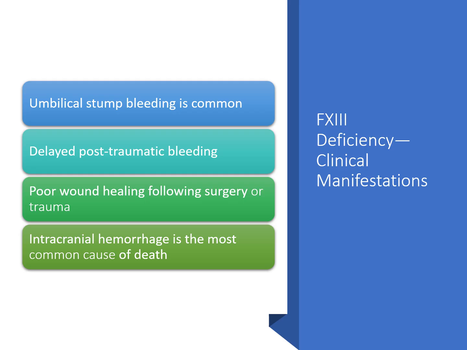Delayed post-traumatic bleeding, so maybe a patient has a small injury and then you clot, but then it starts bleeding again over and over again, and that's because that platelet plug is only temporary until it is acted upon by factor 13, where it becomes more stable and insoluble. And then poor wound healing following surgery or trauma.